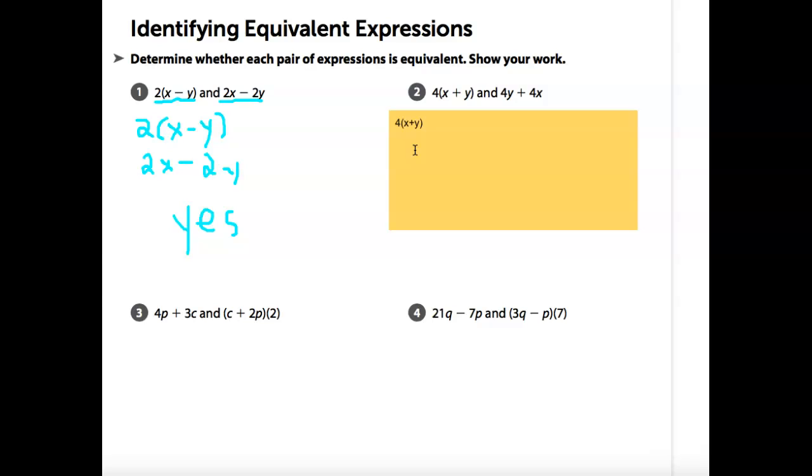We want to see if that's the same as 4y plus 4x. All right. So using the distributive property, we would do 4 times x, which is 4x, plus 4 times y, which is 4y.